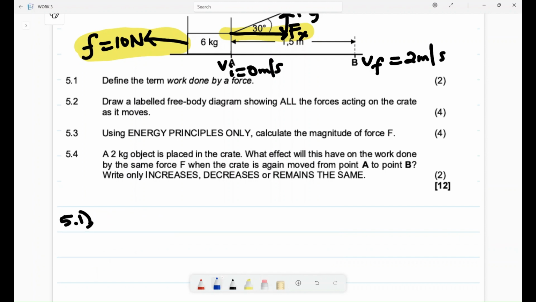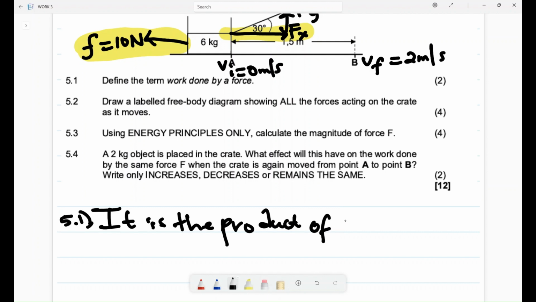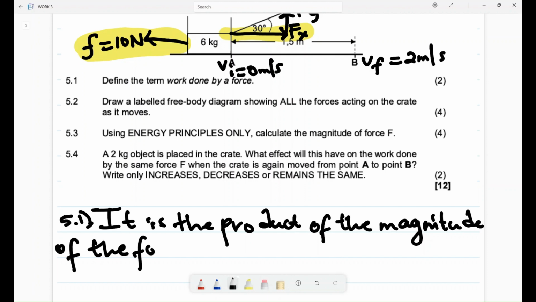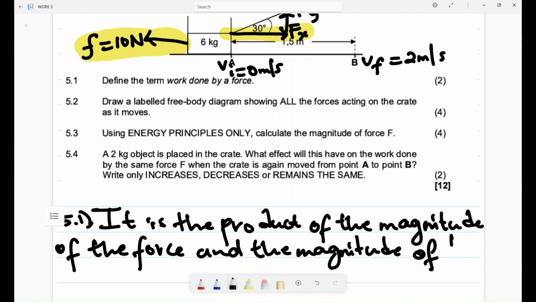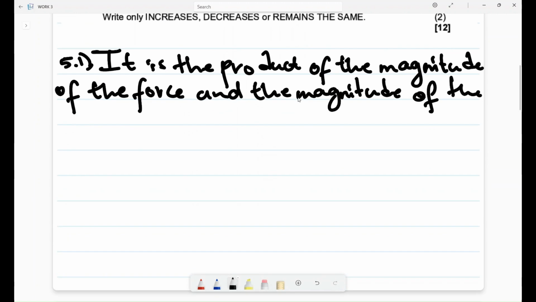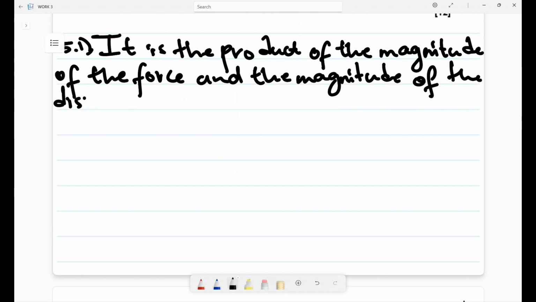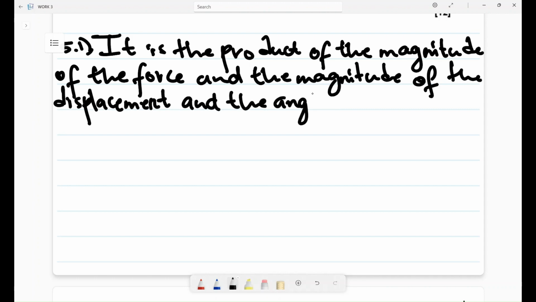We are saying it is the product of the magnitude of the force and the magnitude of the displacement and the angle between them.